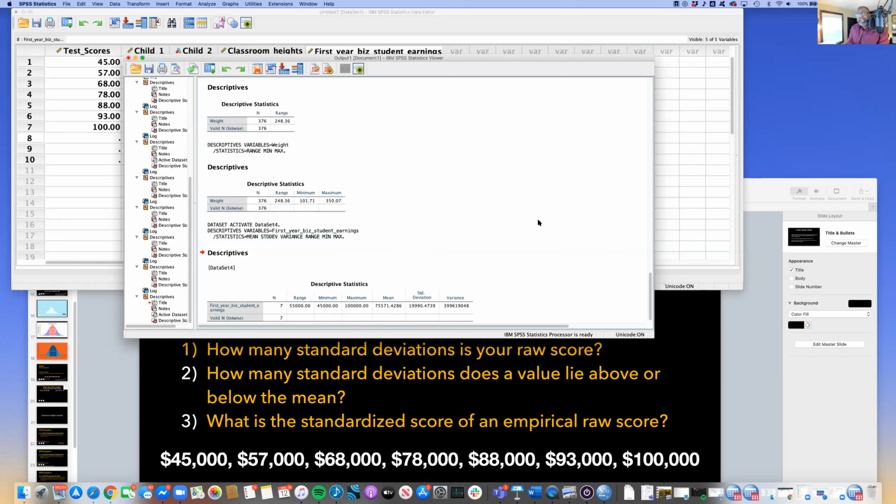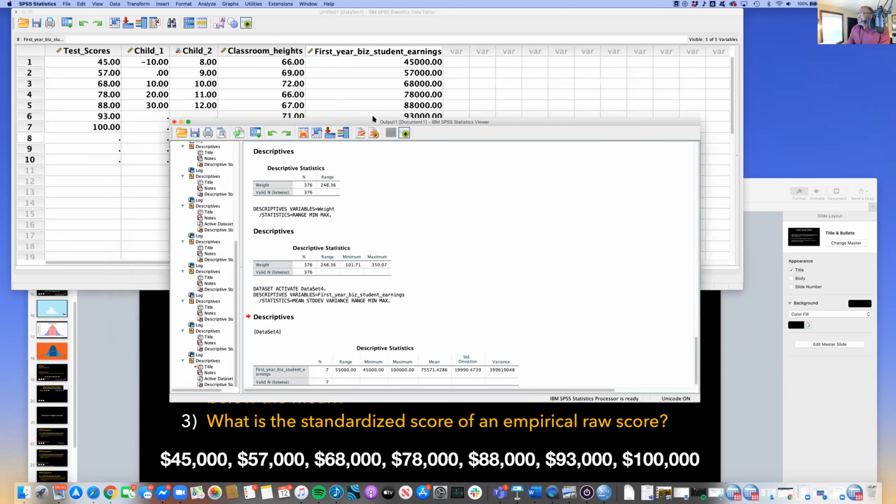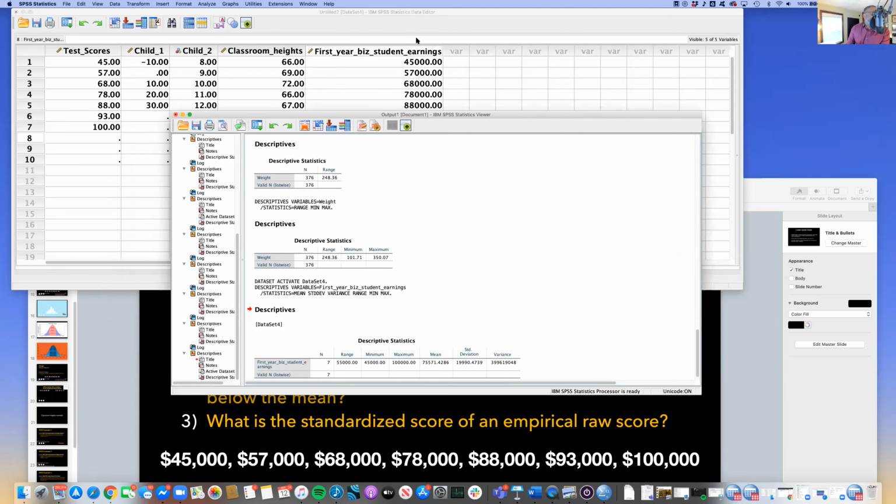So what is our standard deviation? It was $19,000, almost 20,000. But that can be a handful to say, oh, $19,000 plus or minus $75,000. So here's a different way of representing these data. I'm going to show you a trick. Okay.